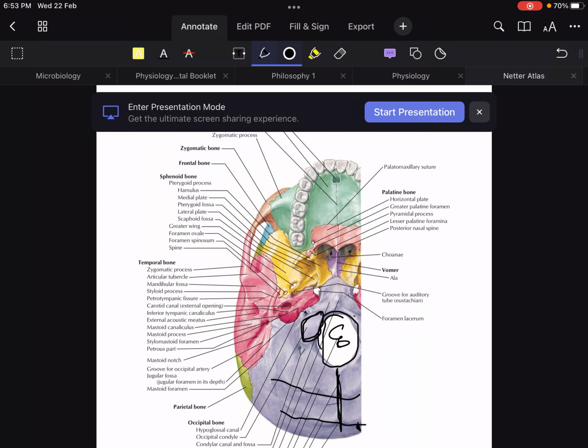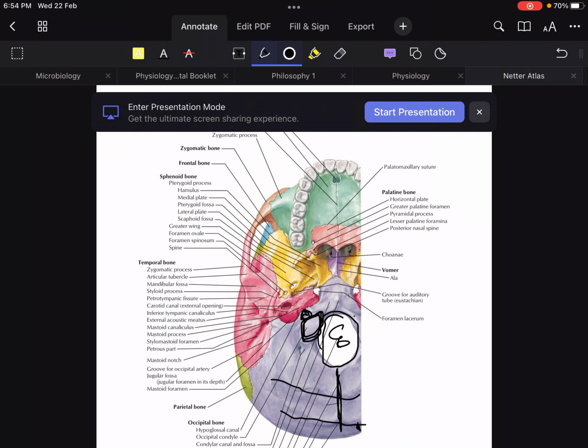Okay, in each side of the foramen magnum we have a process. This process is condyle or condylar, occipital condyle, that in lateral part of this condyle we have a canal. This canal is a hypoglossal canal. This hypoglossal canal is for the nerve with the same name, hypoglossal nerve.